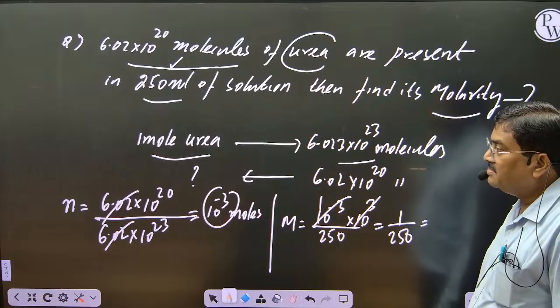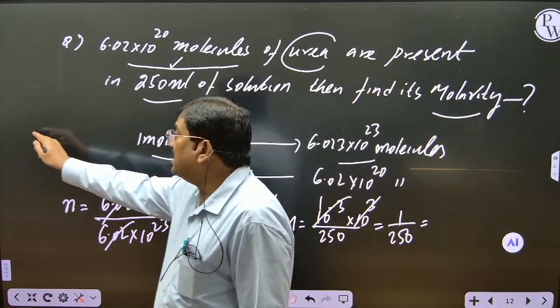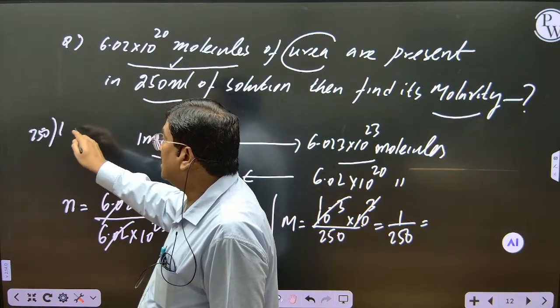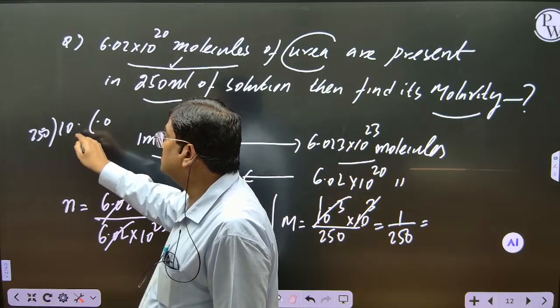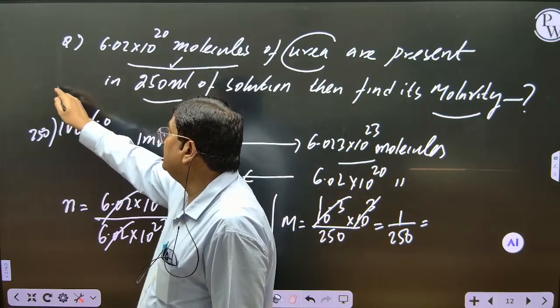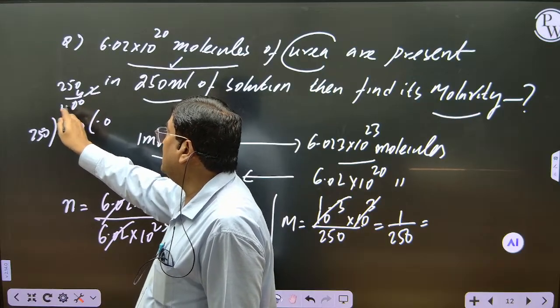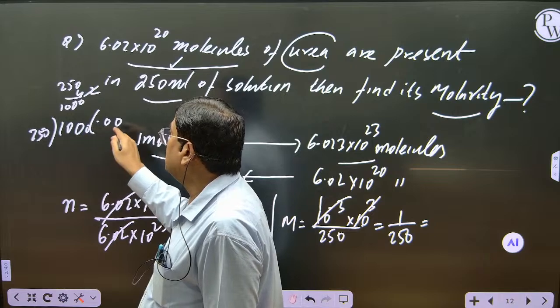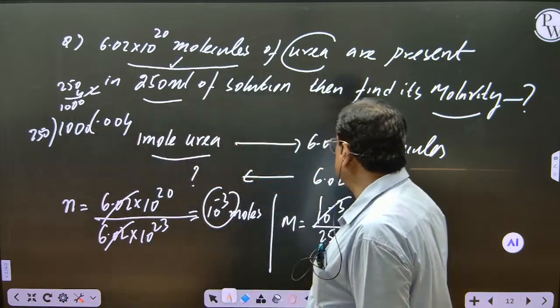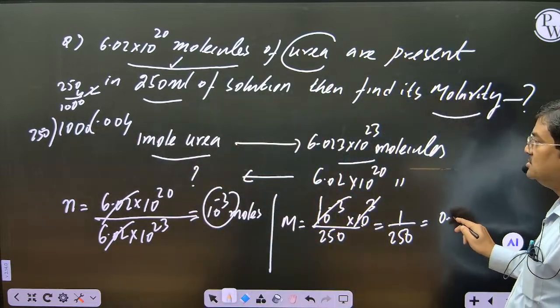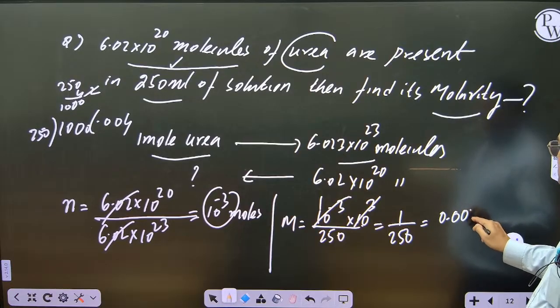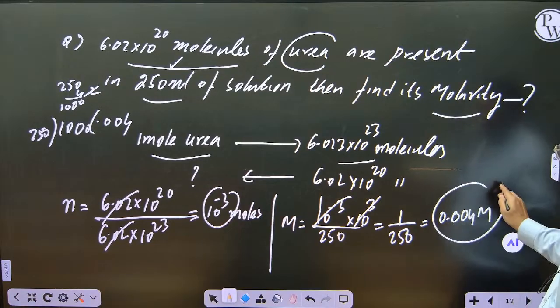Divide 1 upon 250, that comes 0.004. Check. 0.004 molar.